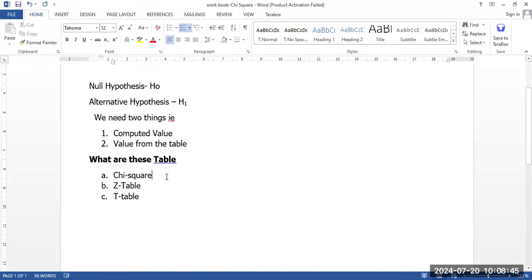You use chi-square when you are not dealing with samples. Then you use the Z distribution table when the sample is 30 or above.